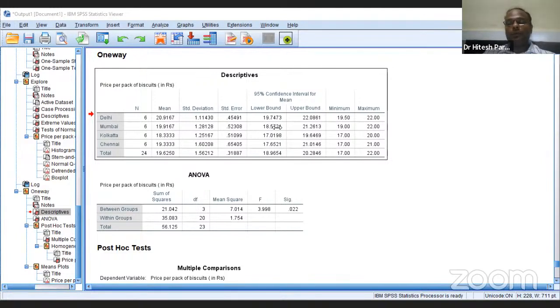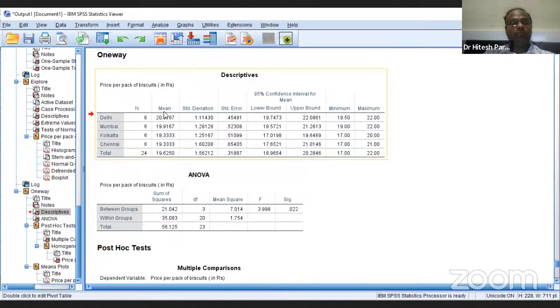Okay, what is the null hypothesis here? No significant difference in the price per pack of biscuit among 4 different cities. This is the null hypothesis.